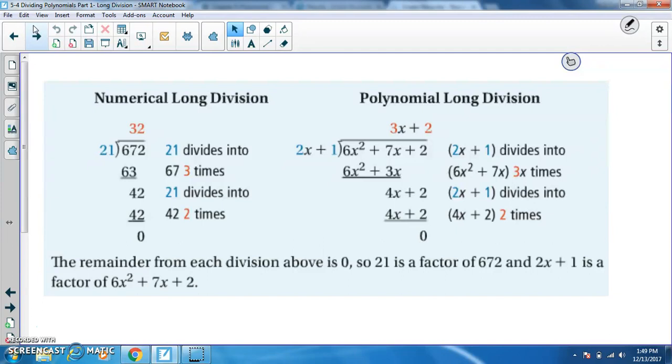So we can do the same thing with polynomials. However, now we are going to be focused on our terms rather than numbers. If we have a remainder of 0, that means that the divisor is a factor of the dividend.